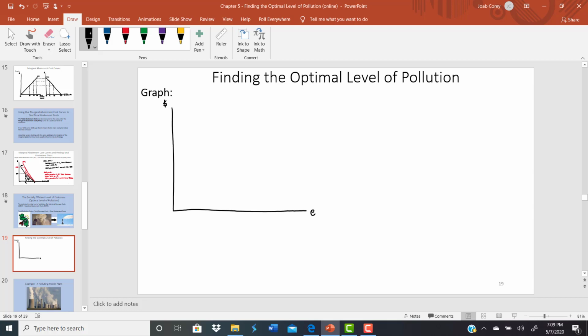So you might have a marginal damage cost curve that looks like this. And we'll call this E hat. E hat represents the assimilative capacity of the environment, or what we usually call the threshold level of emissions.